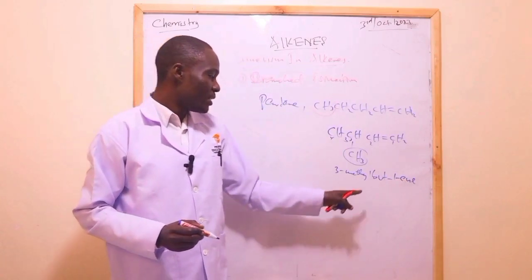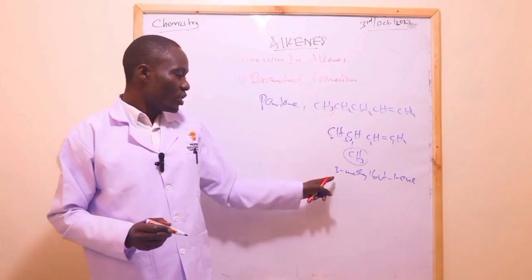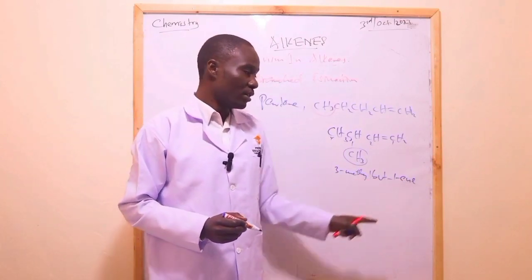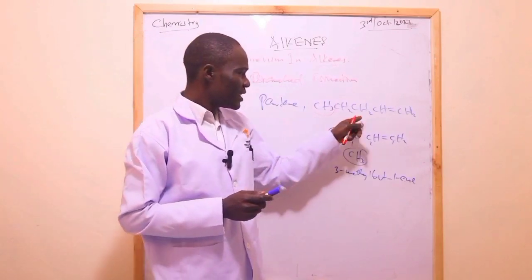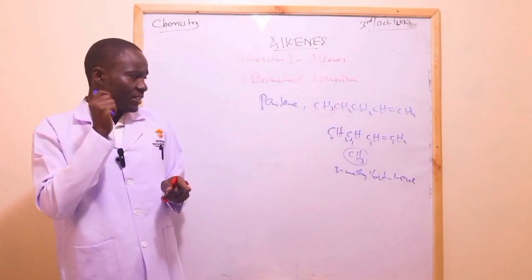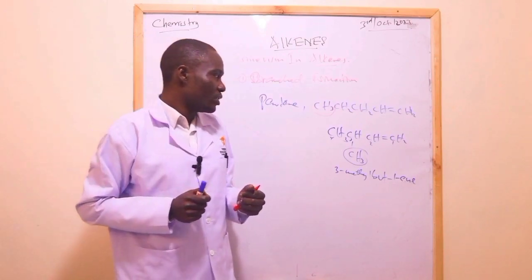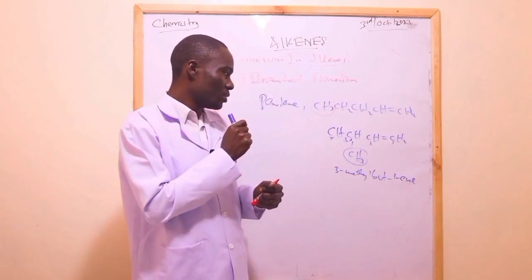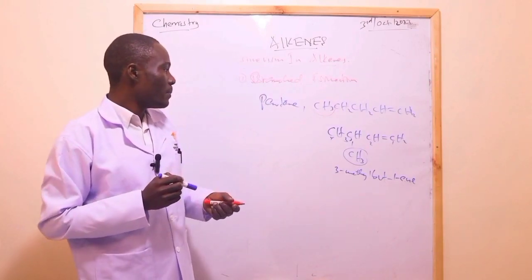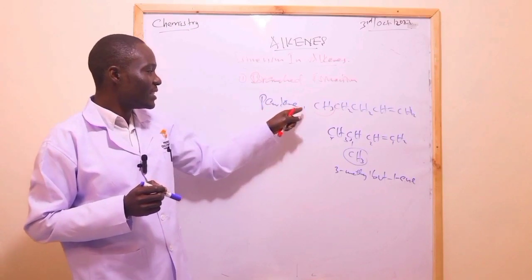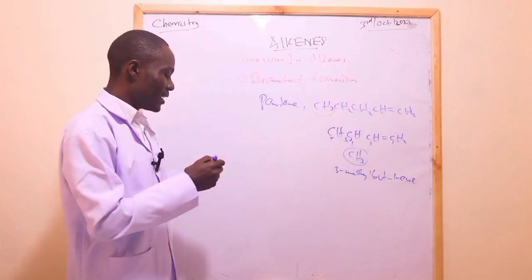Remember, the name can be 3-methyl but-1-ene, or can be 3-methyl butene, because should the double bond exist in the first carbon number, then, as I said, you can choose to use the position, which is position 1, or forget about it. So it therefore means that pentene can be read as pent-1-ene.